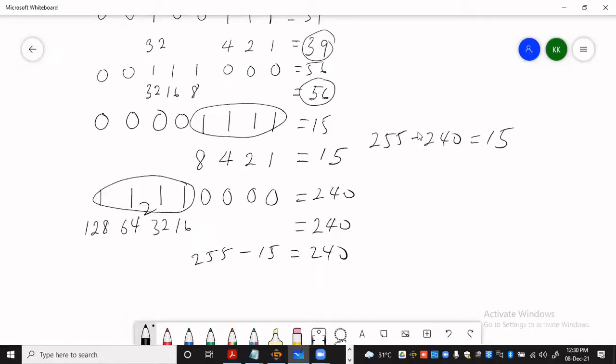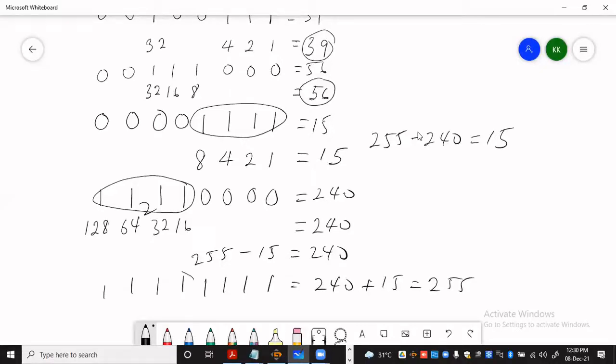If you have all of them being 1, 1, 1, 1, 1, 1, 1, 1, it just means that you have 240 plus 15, which gives you 255, because now you have all the bits switched on.